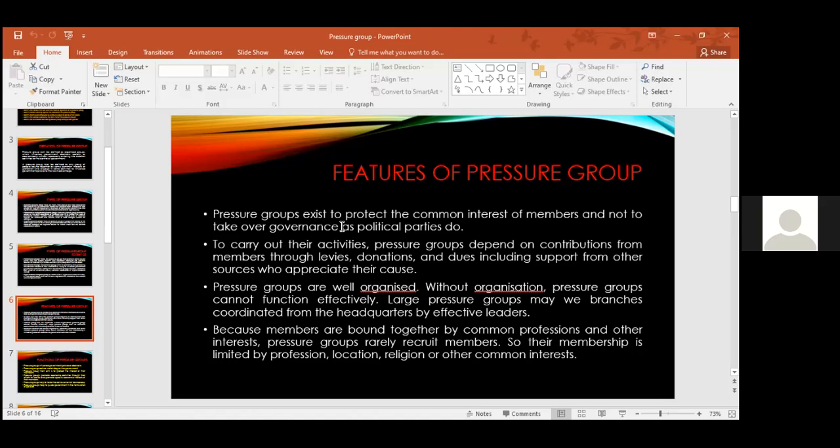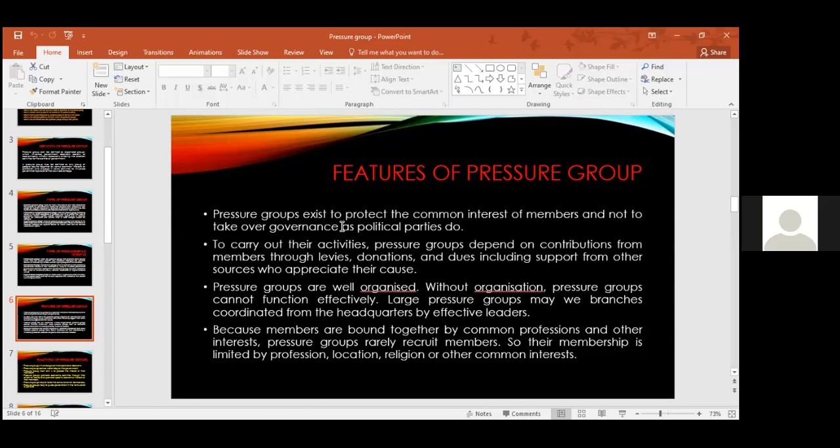People also donate to pressure groups, just like charity organizations. In order to carry out activities, they need money, and this money comes from levies, donations, and dues.